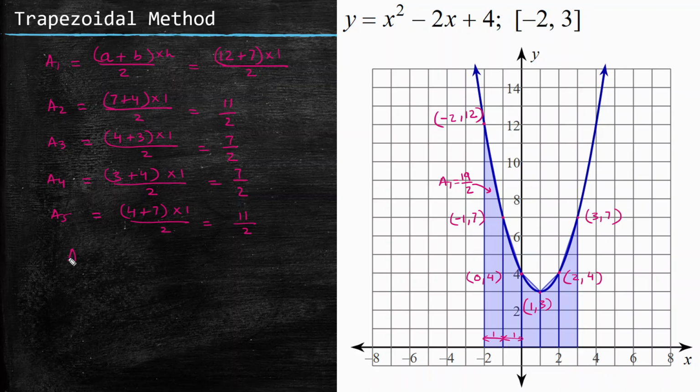Finally, we need to add them. So the approximate area comes out to be 27.5 square units.